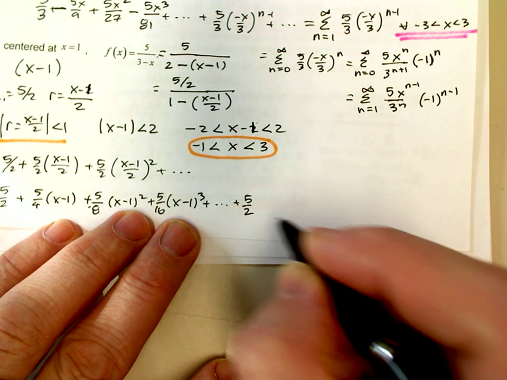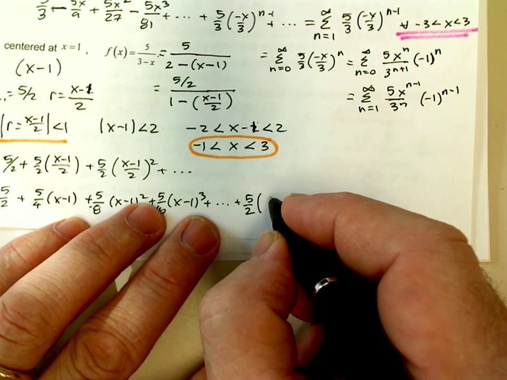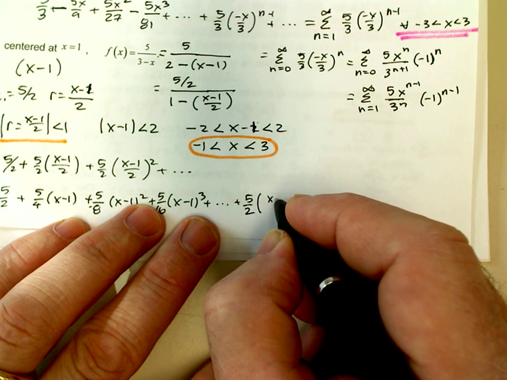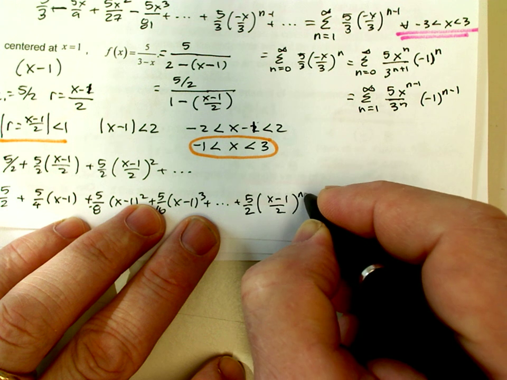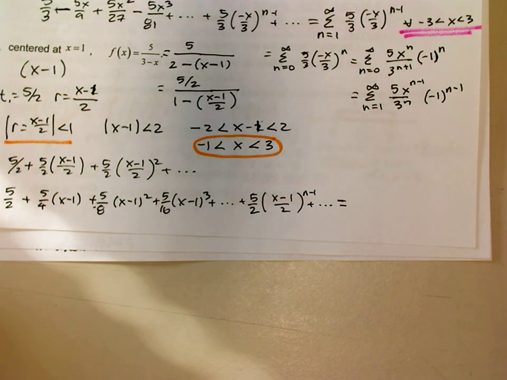I'll write it back the way we had it in the previous one, with the first term and then our common ratio of x minus 1 over 2 to the n minus 1 power. Put my dot, dot, dots. They're kind of particular. I'll make sure you put the dot, dot, dots in there.